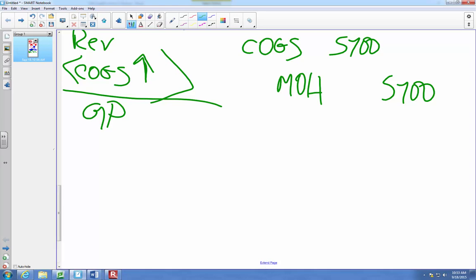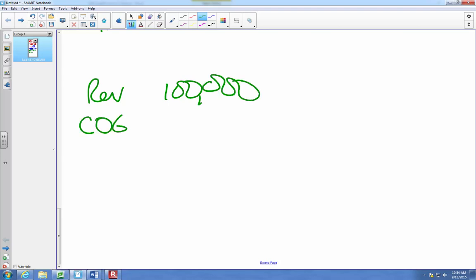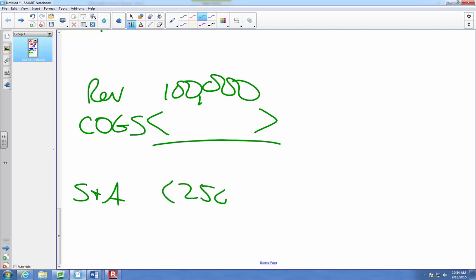So I'm going to plug in what I've got. Obviously, I don't know what COGS is. That's part of the issue. And then I've got some selling and admin costs. I'm just going to put those together, the 12 plus the 13. So that's 25,000. And I know that my net operating income is 50.